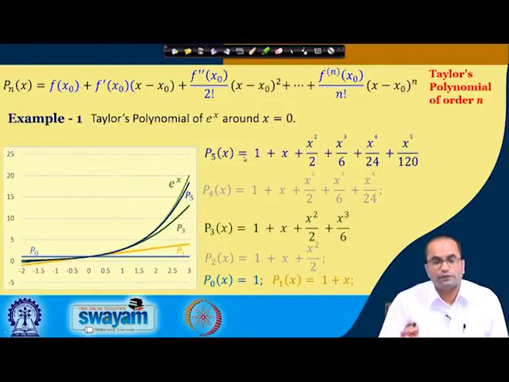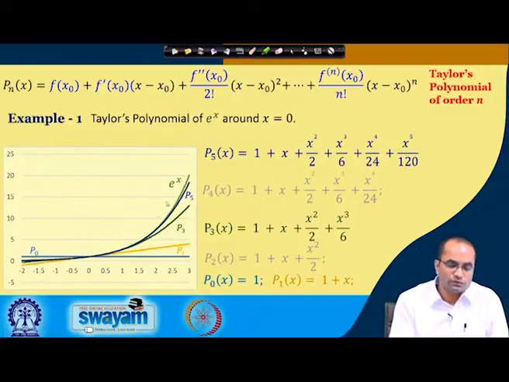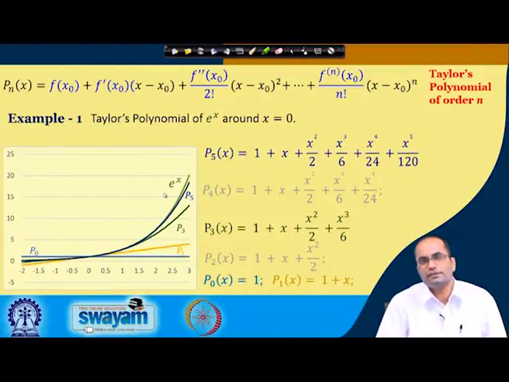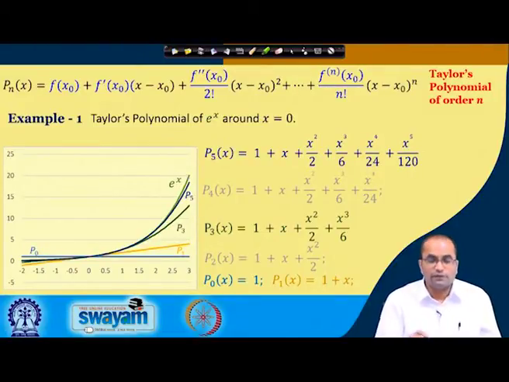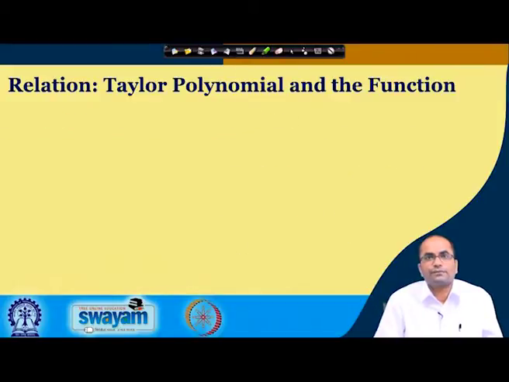And if we move further to the polynomial of degree 6 or 7, then we will be moving closer to the exponential function, and that is the idea of the Taylor's polynomial. So, by increasing the degree of the polynomial, we can approximate our function as well as we like, and we will discuss this further.